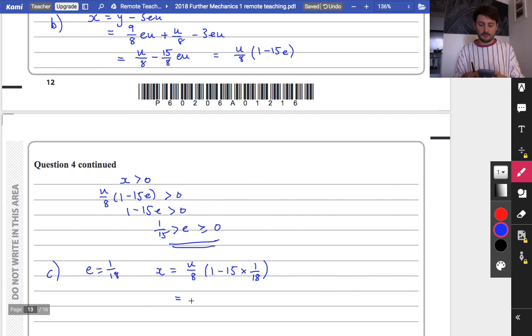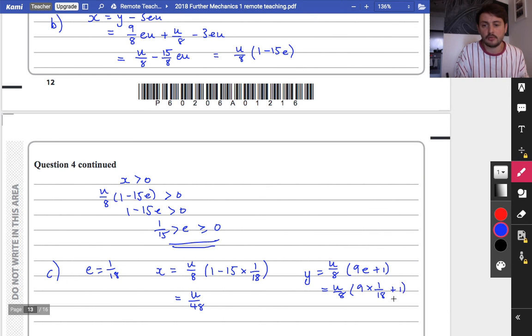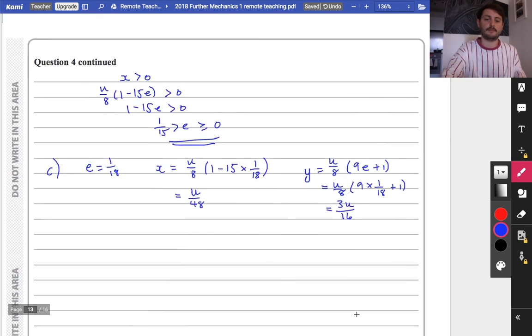So that's 1 minus 15 over 18, which is a sixth, and divide that by 8. So we have u over 48. And y is u over 8, 9e plus 1. So it's u over 8, 9 times 1 over 18 plus 1. So that's 9 over 18 plus 1 and divided by 8 as well. So you get 3u over 16.